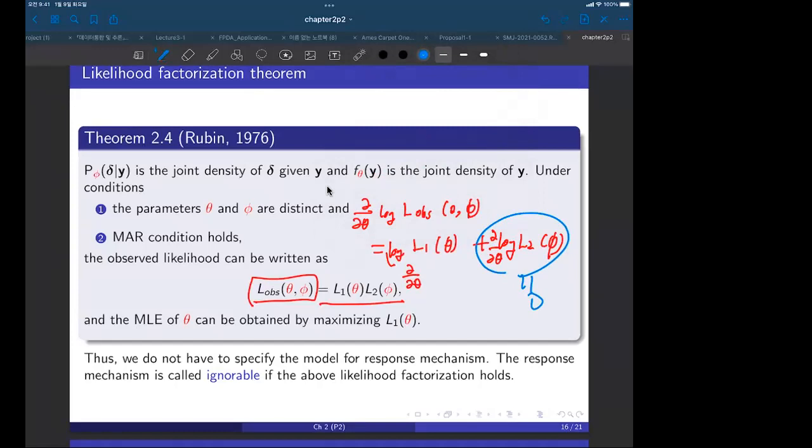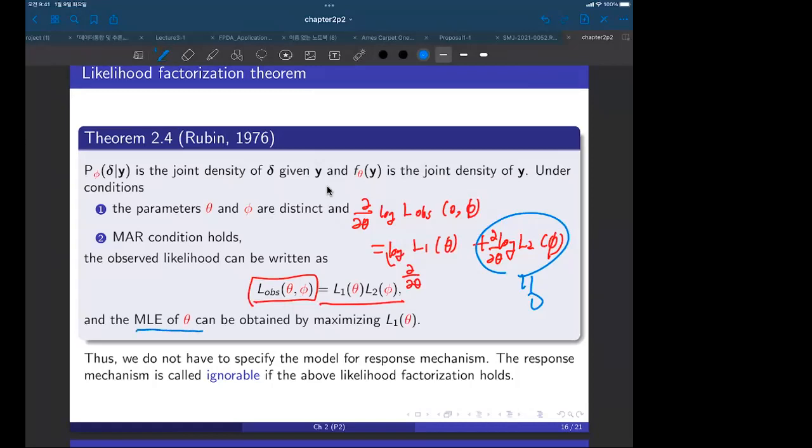So really, when you are mainly interested in computing the MLE, the estimator of this observed likelihood, the message here is that you don't have to worry about the second term, and just maximize the first term, which is nice. That's the original motivation, right?